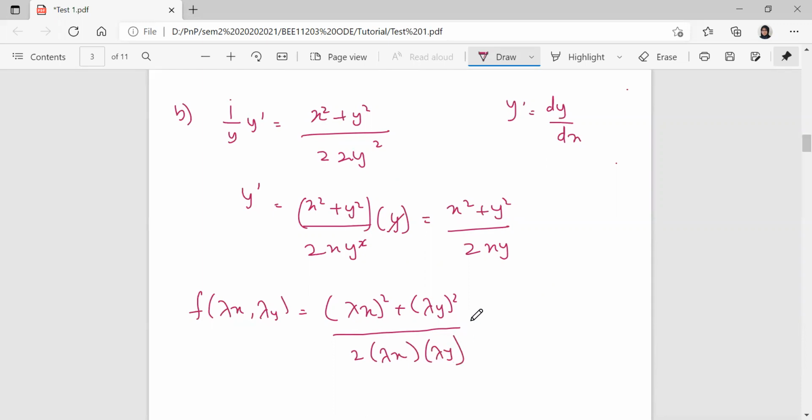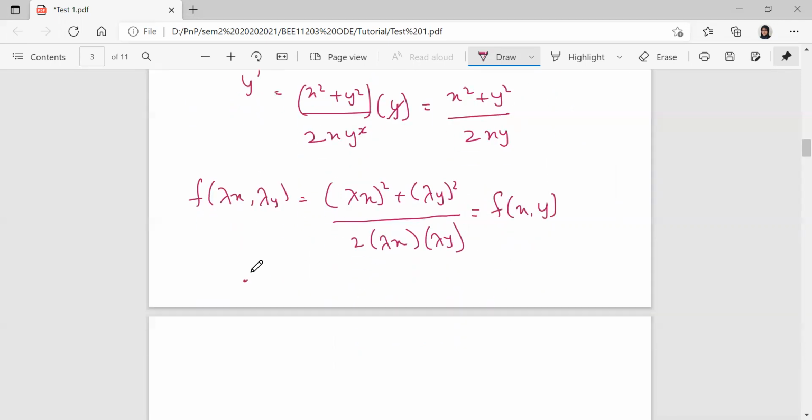Here we have lambda squared, since lambda times lambda is lambda squared, so this equals f of x, y. So this equation is homogeneous, with degree 2 because of lambda squared.